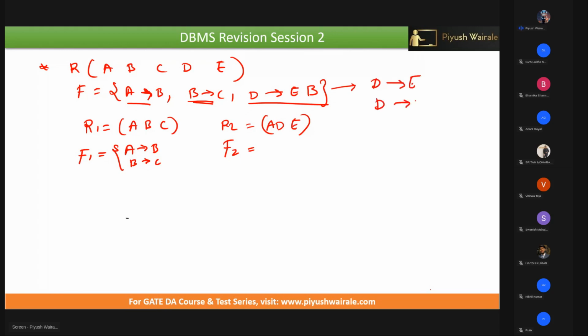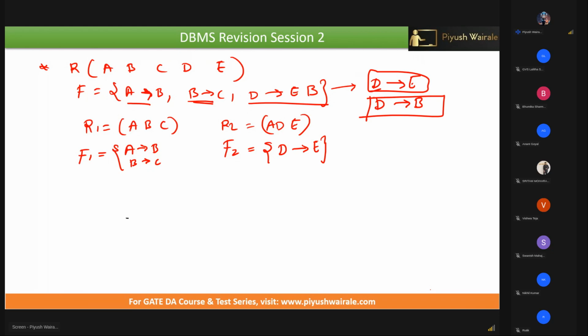It means I can add D determines E in F2. Which one is remaining from the original? D determines B. Now I cannot add DB in R2 or R1, because there is no D in R1 and no B in R2. For such a case only we have to check for dependency preserving.